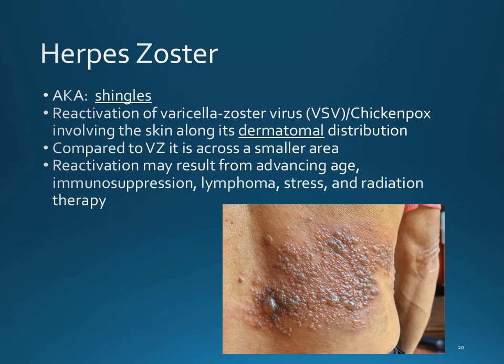It's usually where you have the reactivation. Don't know why that is. You see it a lot more in older individuals, but not always. I mean, I've seen it in 30-year-olds that have had chickenpox before and got a shingles outbreak.